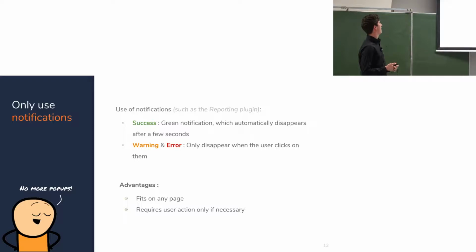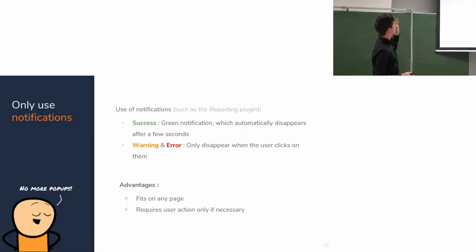Notifications have big advantages. They fit on any page because they appear at the top of the interface, and they require user action only if necessary. For example, we could have a success notification which appears when the user successfully saves a change. This notification will automatically disappear after a few seconds.